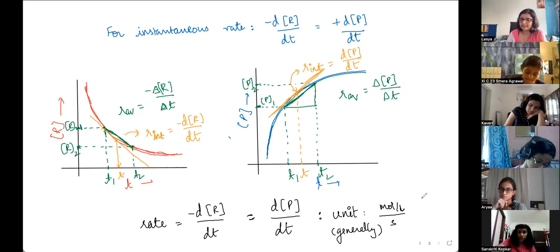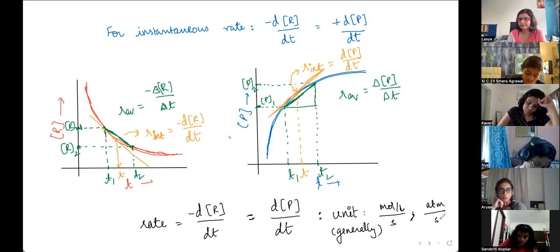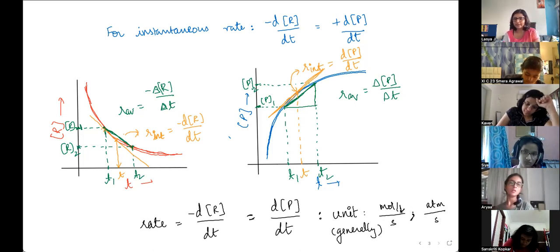And if the reactants and products are gaseous, you calculate concentration in terms of partial pressure. So that's going to be atmosphere per second. So either concentration per time or pressure per time, atmospheres or pascals or bar, however you're calculating.